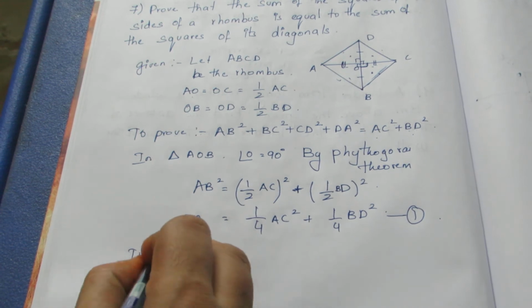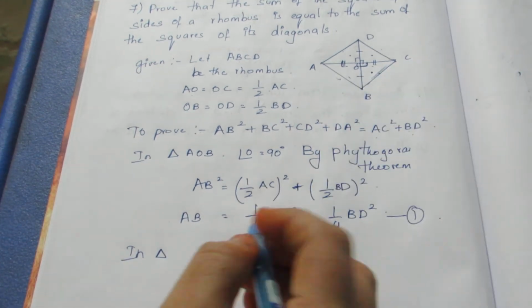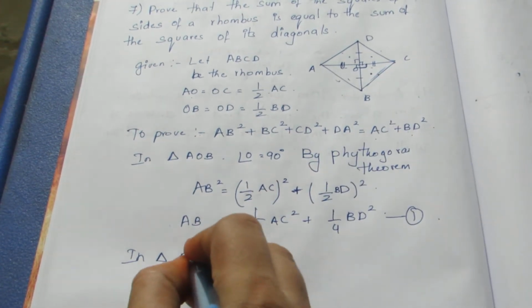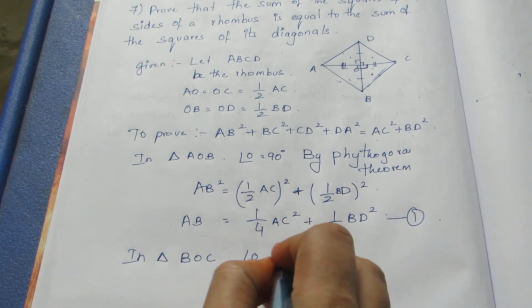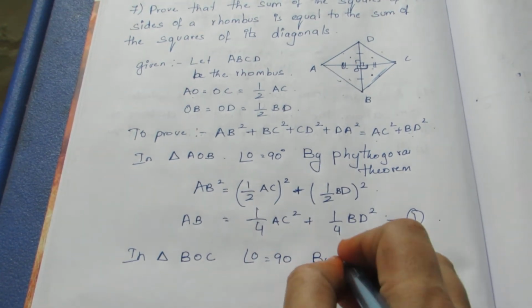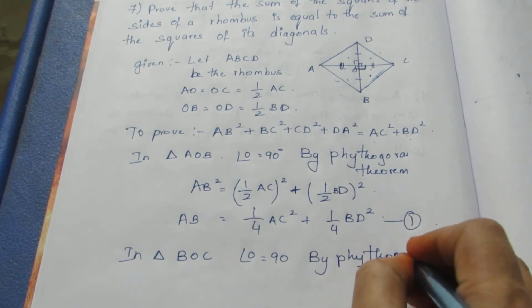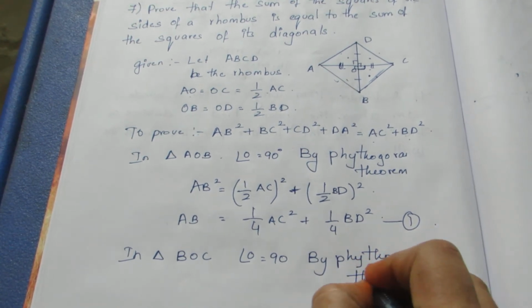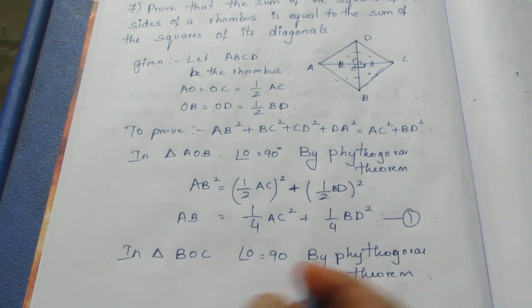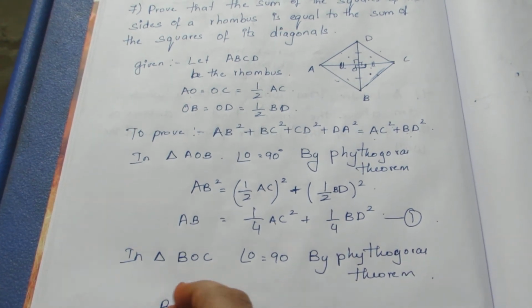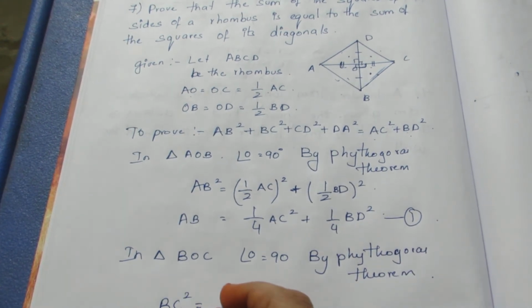next triangle is BOC. We know that angle O is equal to 90 degrees, so by Pythagoras theorem, the hypotenuse square BC square is equal to OB square plus OC square.